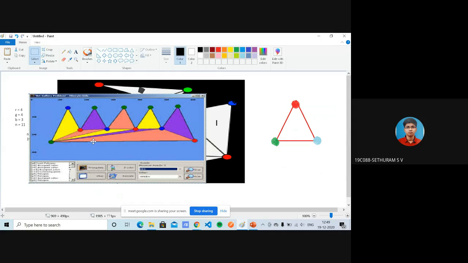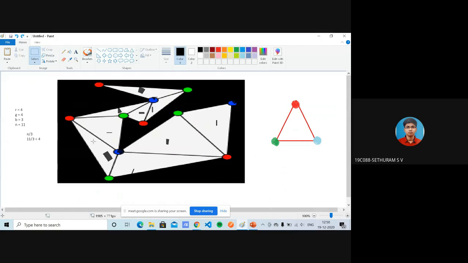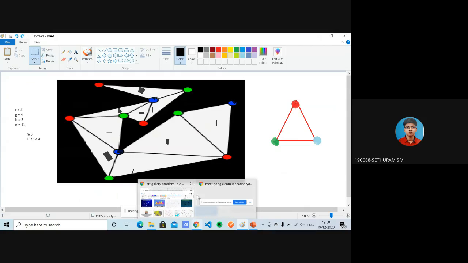But in the future, maybe we may get a straightforward solution for this. As far as the theory stands now, this is a useful approach for solving this problem. Thank you for listening.